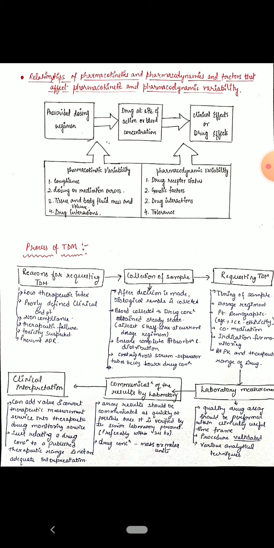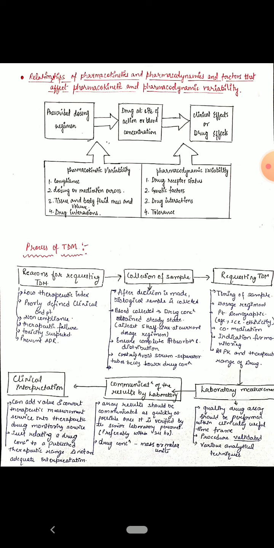So what are the reasons? You have already seen the need for therapeutic drug monitoring, like low therapeutic index, poor clinical endpoint, patient compliance, therapeutic failure, toxicity suspected, or to prevent ADRs.